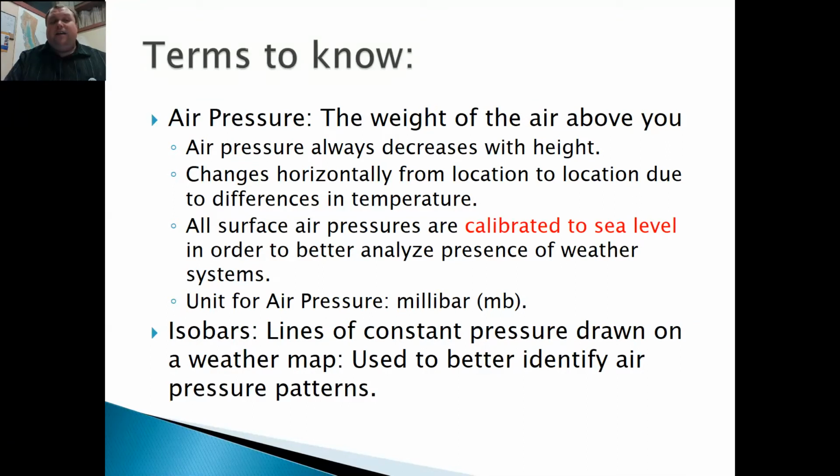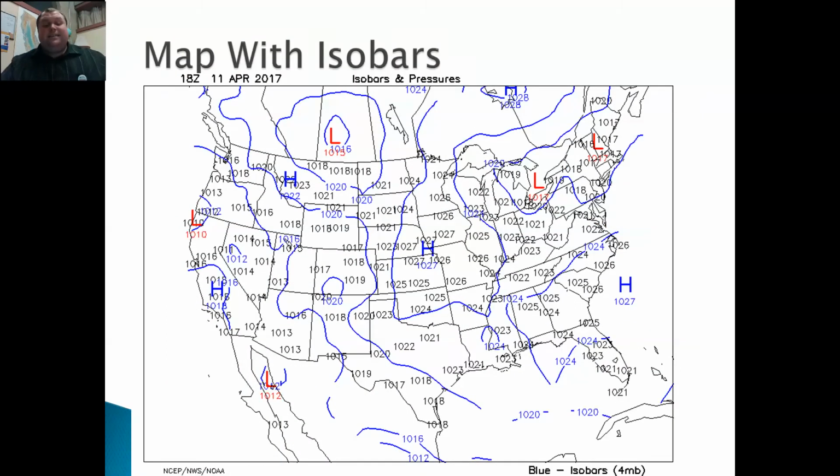So going back to this, you can identify that, okay, over here, air pressures are a little bit lower. Right here we have a low pressure center, usually denoted with a bullseye. Meanwhile, areas around here, pressures are a little bit higher. And so this ends up actually being very useful to do that.